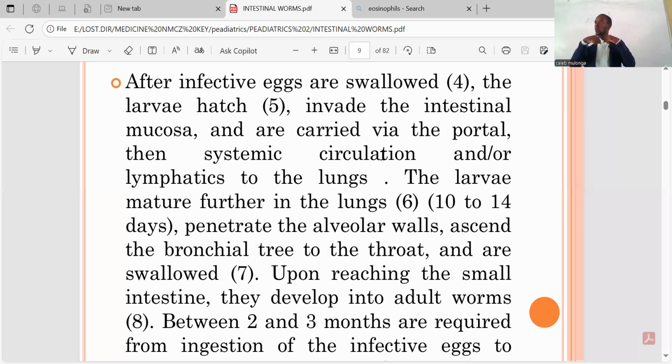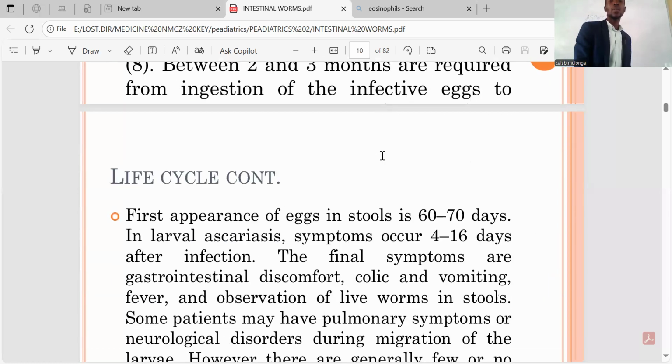Once swallowed, they travel into the esophagus, and from the esophagus to the small intestines. In the small intestines, these worms develop into adult worms, which takes about 2 to 3 months from the time the eggs have been ingested.